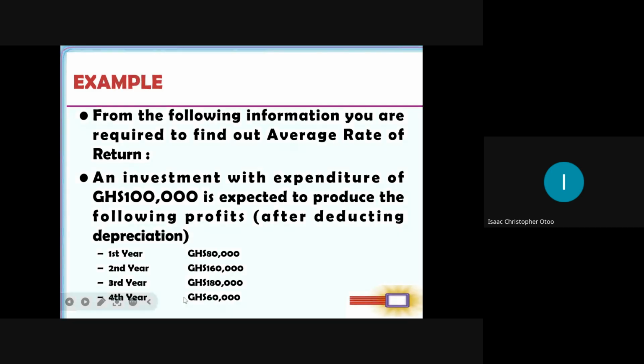The first year will generate 80,000, second year 160, third year 180, and fourth year 60. So I'm asking you, what will be the average annual profit? Yes, average annual profit.